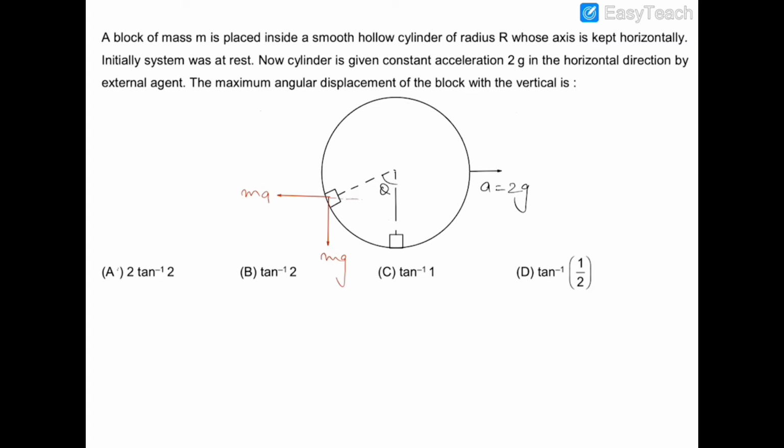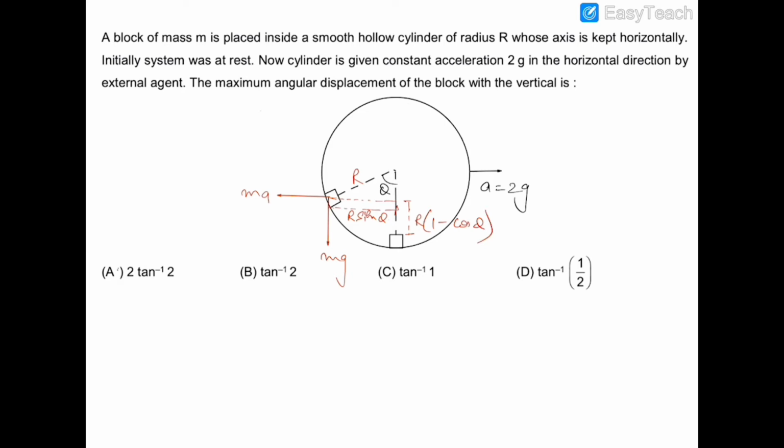Now the displacement of this block in the x-axis, this one, is, if this is r, then this is r sin theta, and this is r into 1 minus cos theta.